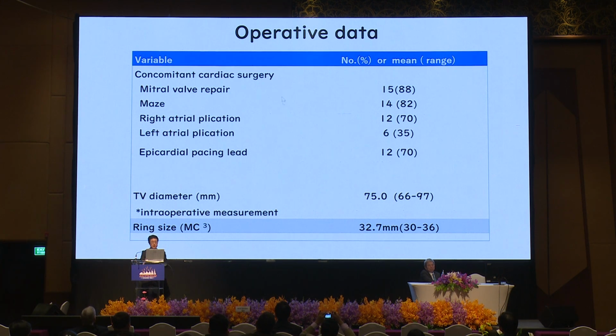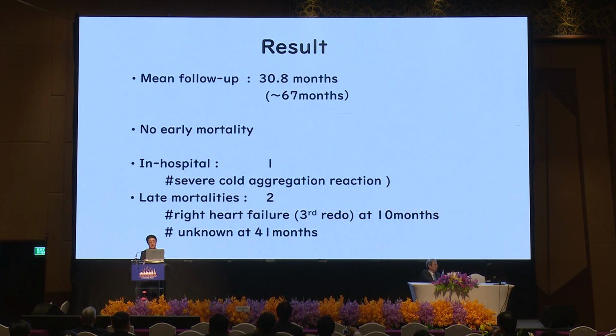All patients had concomitant procedures. The intraoperative measurement showed the RA and the tricuspid annulus were quite enlarged, and the ring size used was a mean of 32, which is quite a big size for the Japanese population.